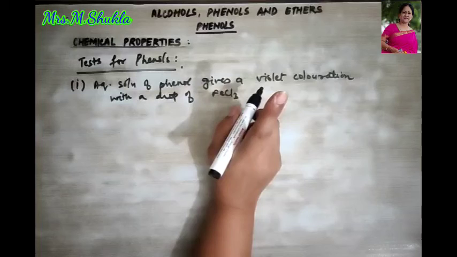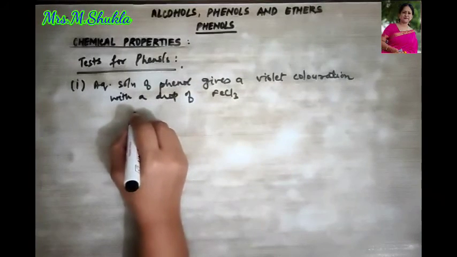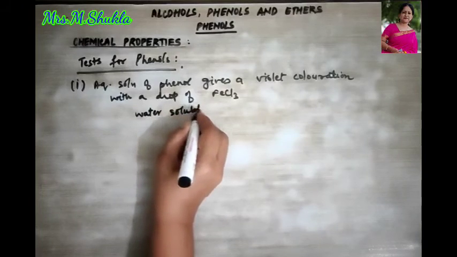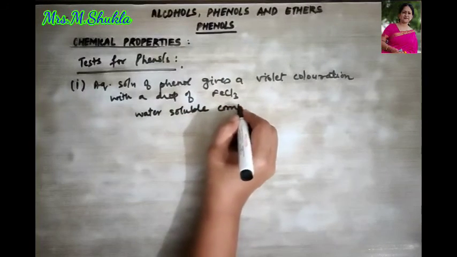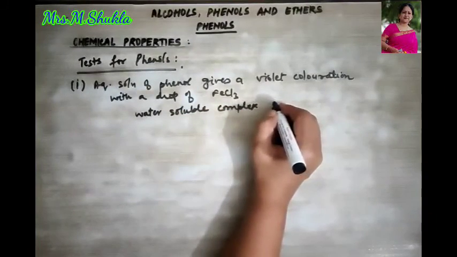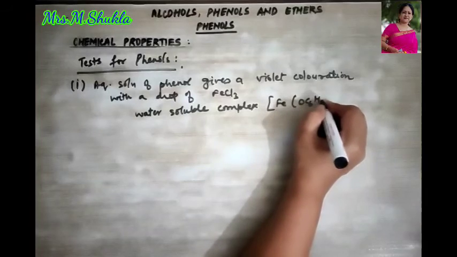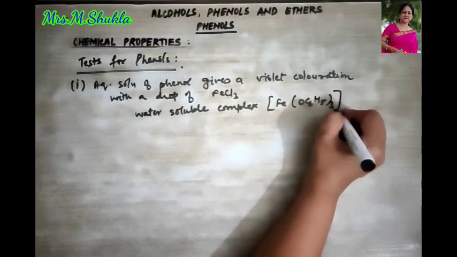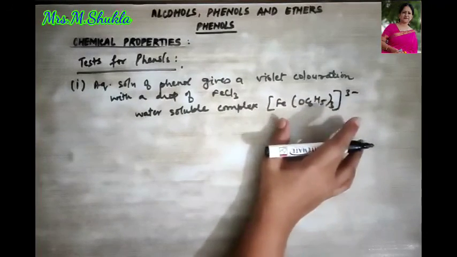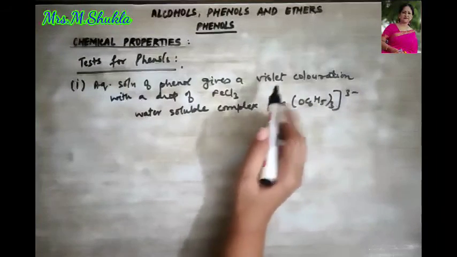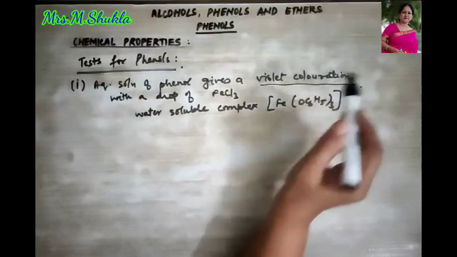That is a water soluble complex. What is that called as? Look at the formula, [Fe(OC6H5)6]3-. This is the complex formed, which is of the violet coloration.